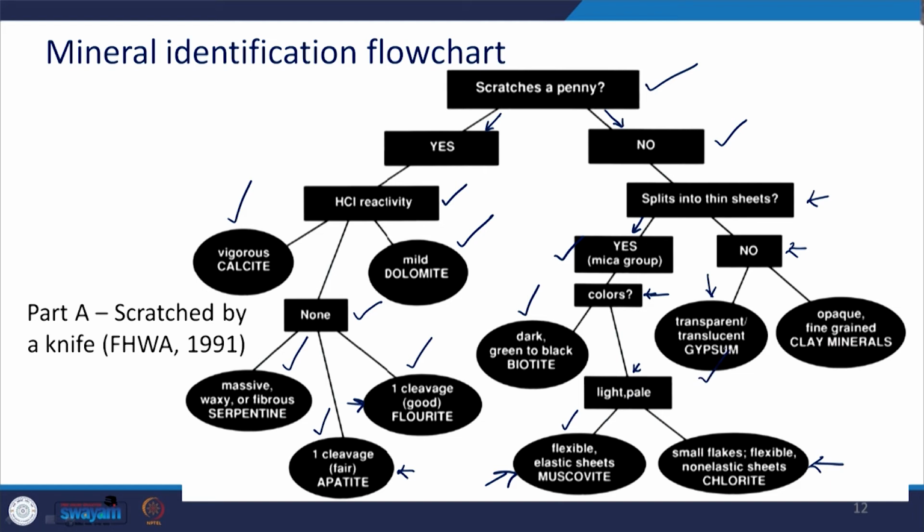If it is opaque and it is fine grained, then we can confidently say that this is the clay mineral. Okay. Now coming to the second part of this flow chart, that is when the mineral is not scratched by a knife. Okay. So again we have the tree which we need to follow.